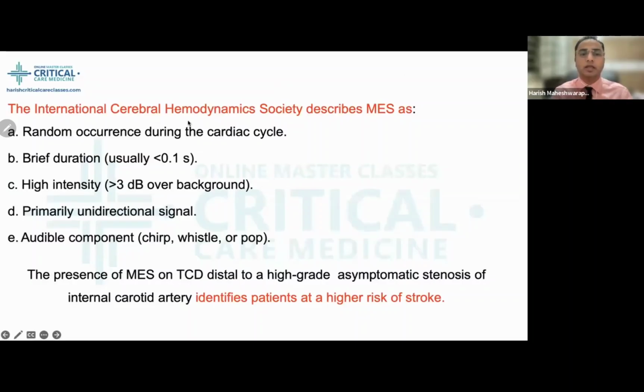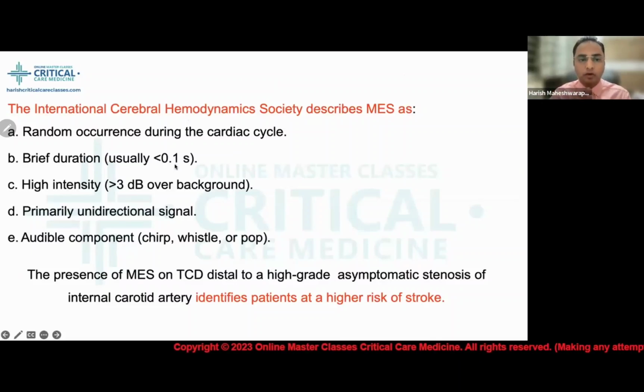The International Cerebral Hemodynamic Society describes MES, microembolic signals, as random occurrences during the cardiac cycle, of brief duration, less than 0.1 second, with high density, more than 3 decibels over the background, primarily a unidirectional signal, with an audible component, like a chirp, whistle, or pop sound.